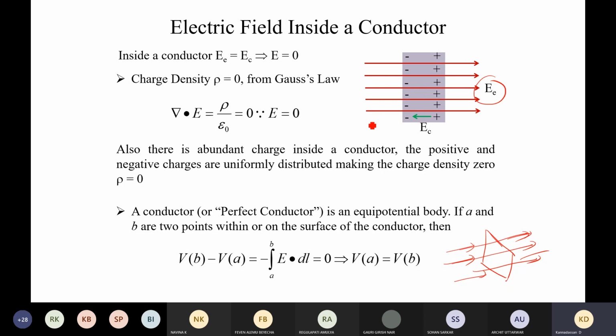So we know that the electric field travels from high potential to low potential, like plus to minus. So obviously this electric field will make a negative force that makes the electrons move to one particular surface. So the electrons will be on this side and the positive charges will be on the other side.